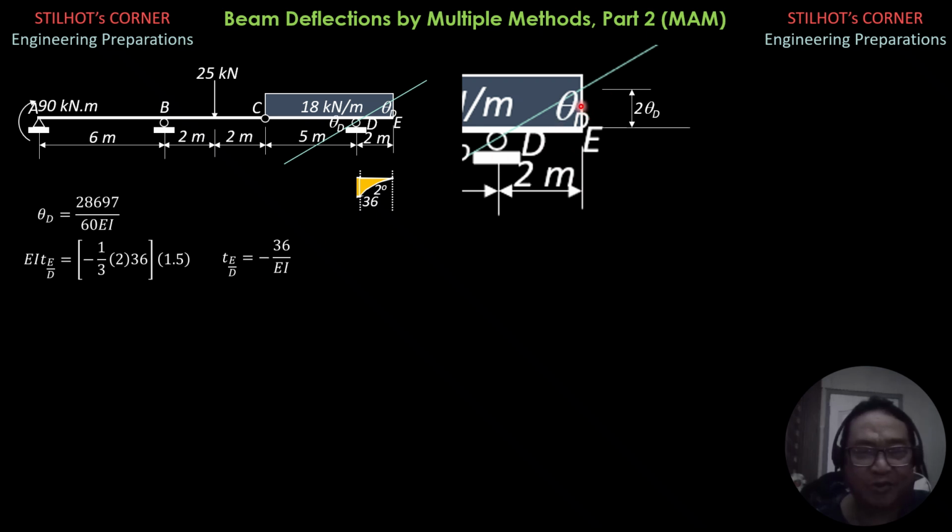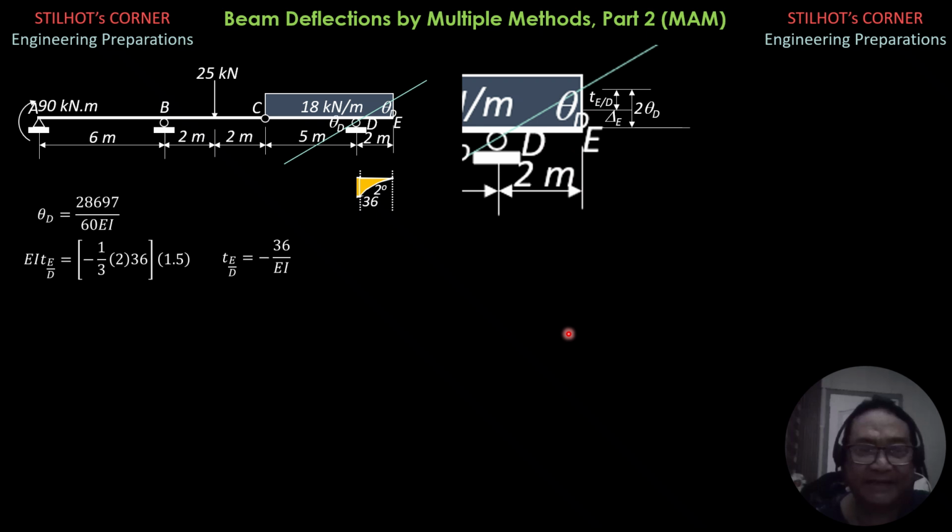E is below the reference tangent but not below the original E because it is only 36 over EI and 2 theta D is greater. So it is somewhere here. E is here. Then this is the deviation of E relative to D. So this vertical distance is delta E. Delta E is positive as shown in the figure. And it is the absolute value of 2 theta D minus the absolute value of the deviation of E relative to D. That's delta E, which is expected positive.